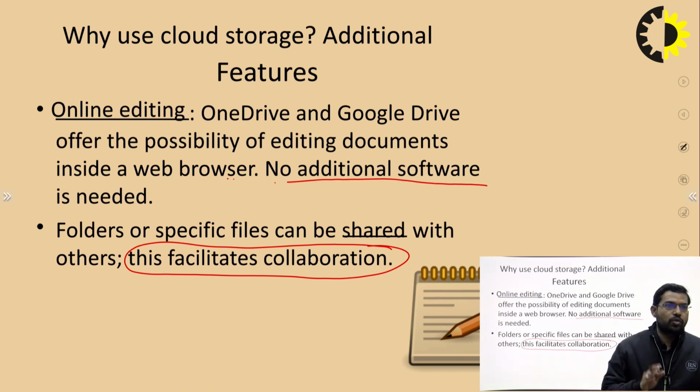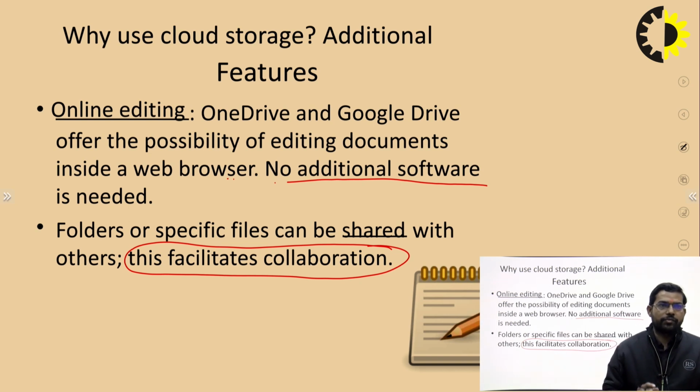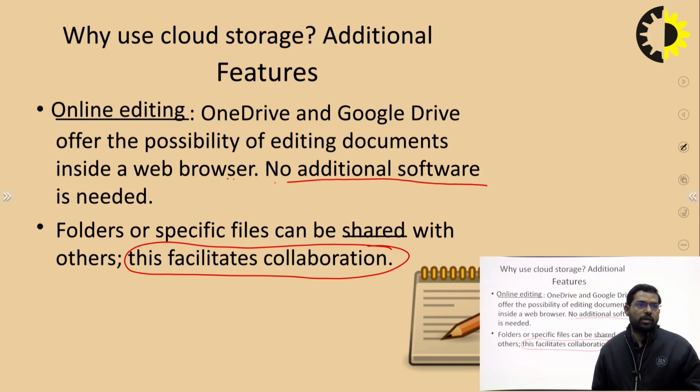You just open your Google Doc in your web browser and edit it there, and this edited version is visible to the other shared person, who can easily see what kind of changes were made. Okay, so those are the additional features of cloud storage.